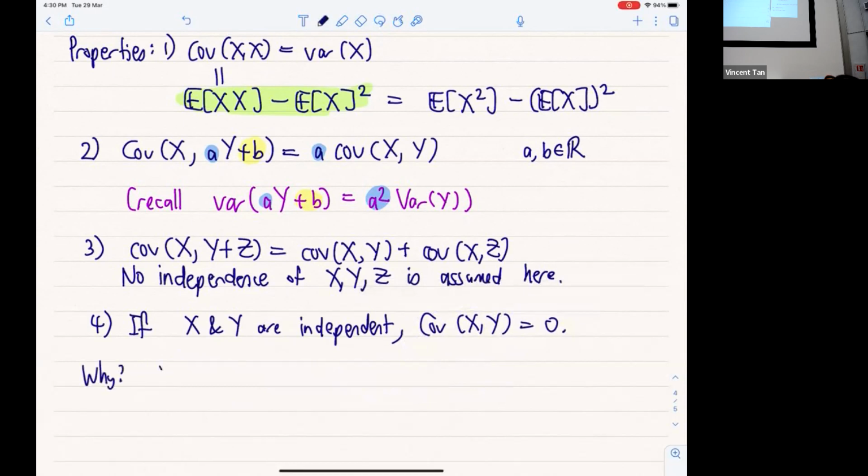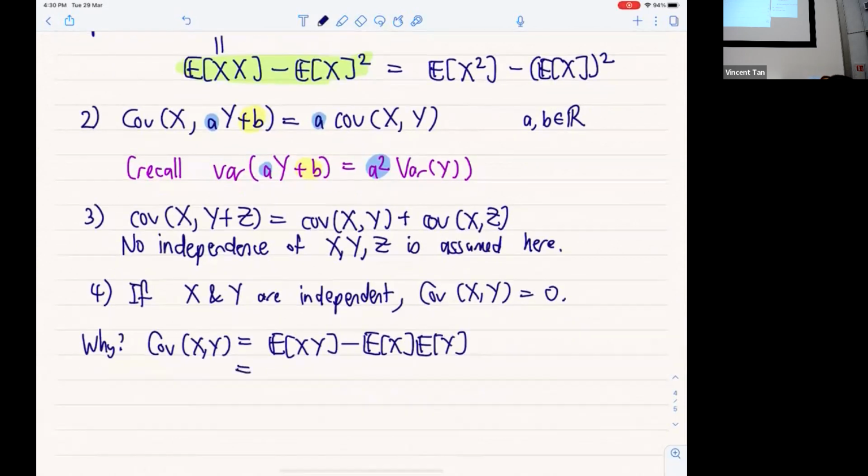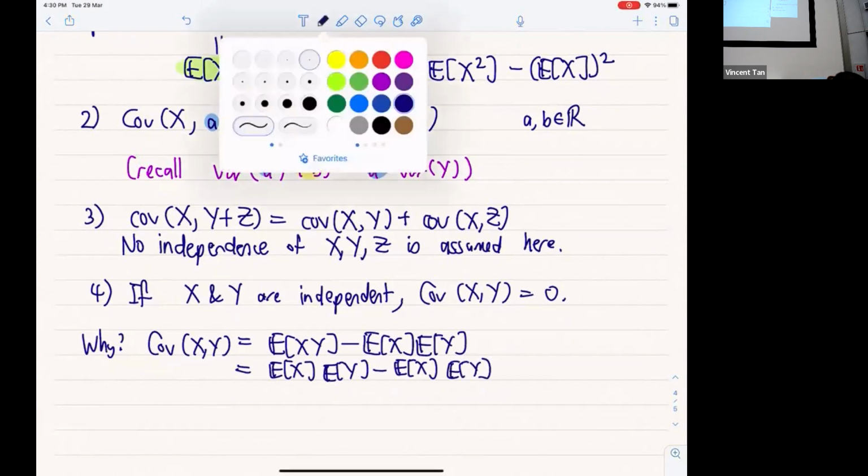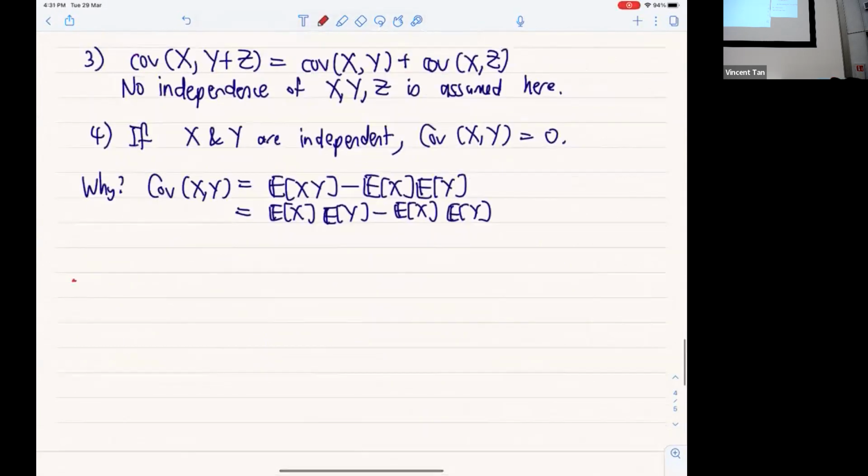Because the covariance of X and Y we have shown is the expectation value of XY minus the expectation value of X times the expectation value of Y in the simplified formula. Now, if they are independent, the expectation of the product is the product of the expectations. This is where independence comes into play.